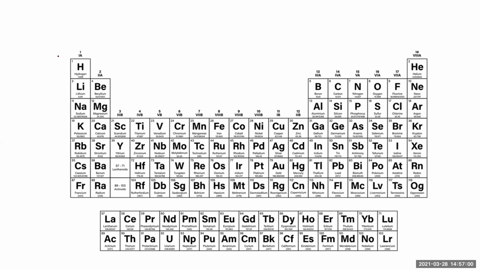But remember that in general, when we're talking about ionic bonds or covalent bonds, we have this rule that we call the octet rule, okay? Which means that you want to satisfy a complete octet in that outermost valence shell.